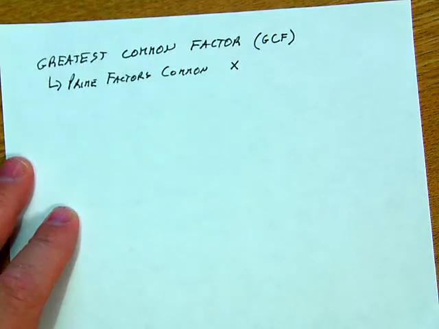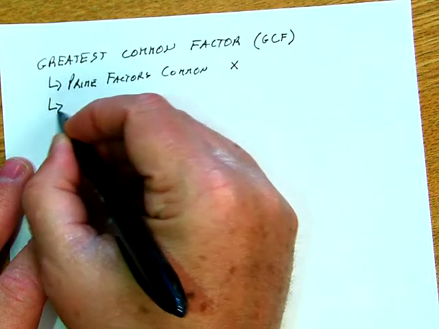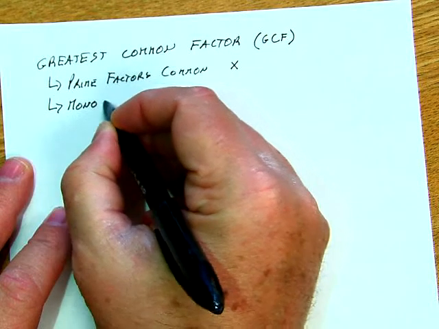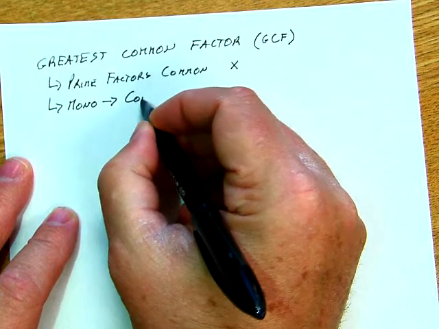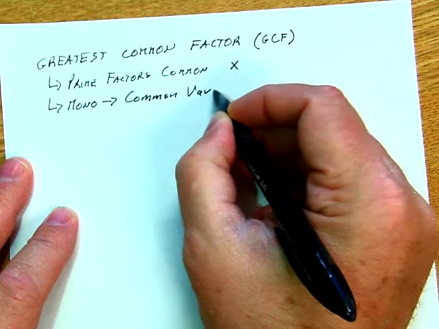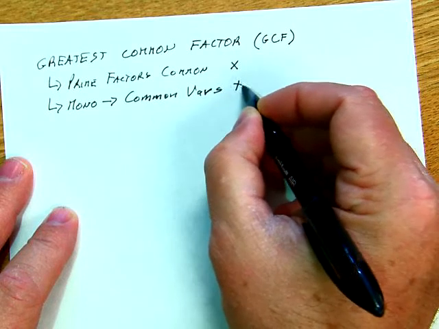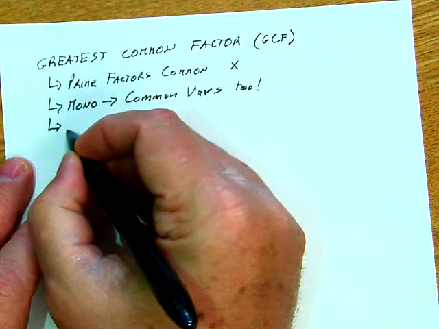And then, if you have a monomial, you have to worry about the common variables, too. Still multiplying them together.